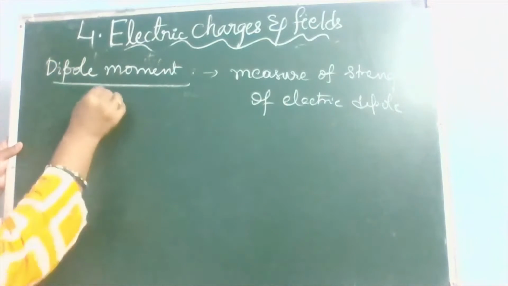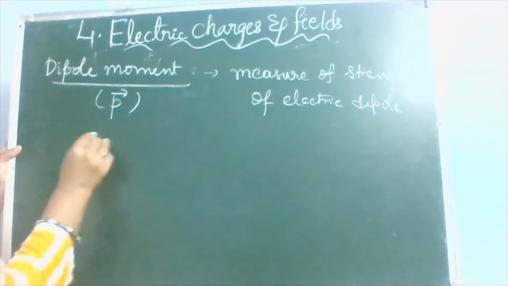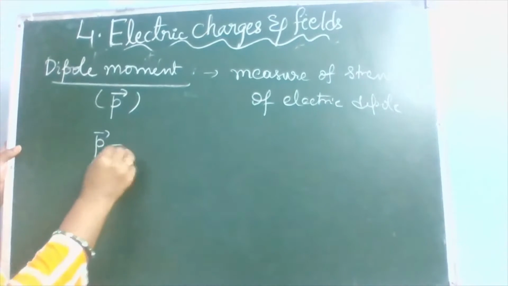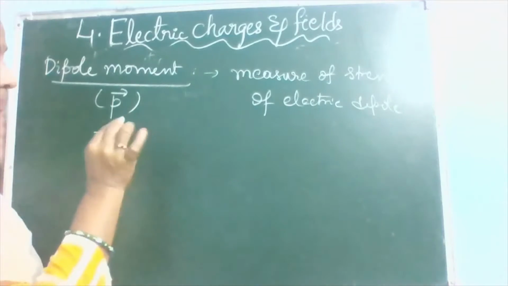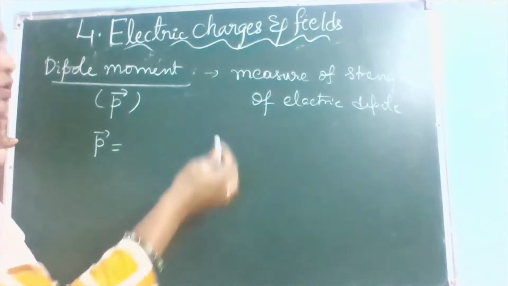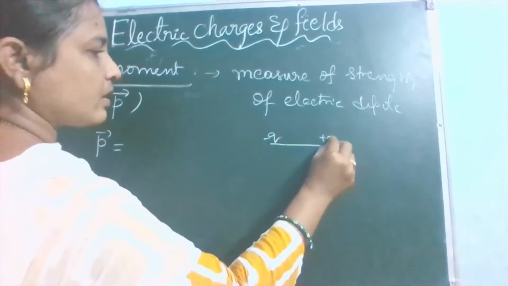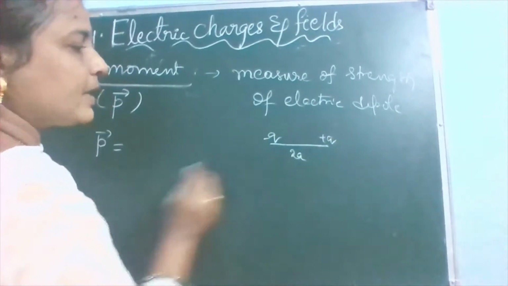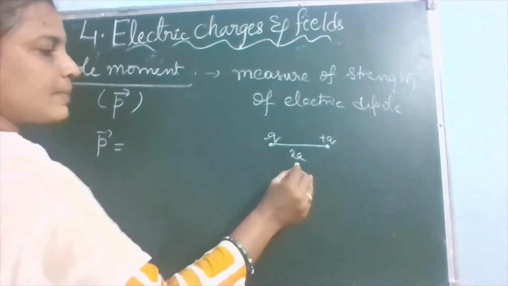Of course, this one can be symbolized with P. P is defined as the product of charge, suppose this is a dipole, which is separated by a distance 2a.